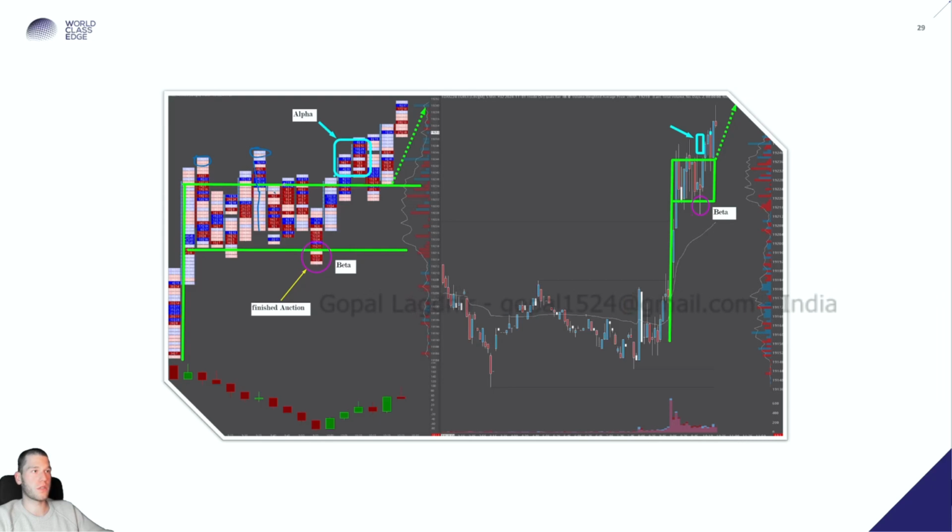Maybe we could think about shorting here because here some volume is created, and then we can think about shorting there because the volume again shows the acceptance in the balanced area. But then we traded to the downside. We had a finished auction and more volume inside of the balance than outside of the balance.